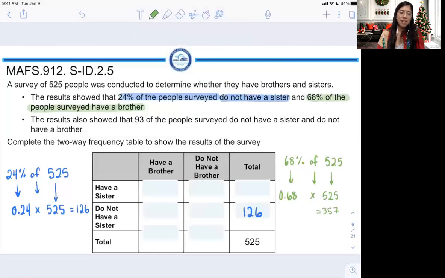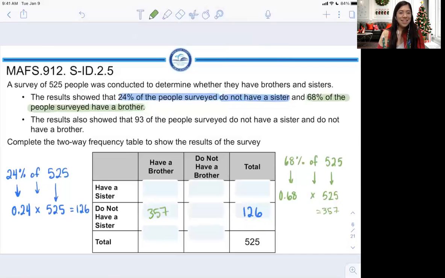The one where it says do not have a sister. Do not have a sister and do not have a brother, I think. No. Do not have a sister, have a brother. So here?